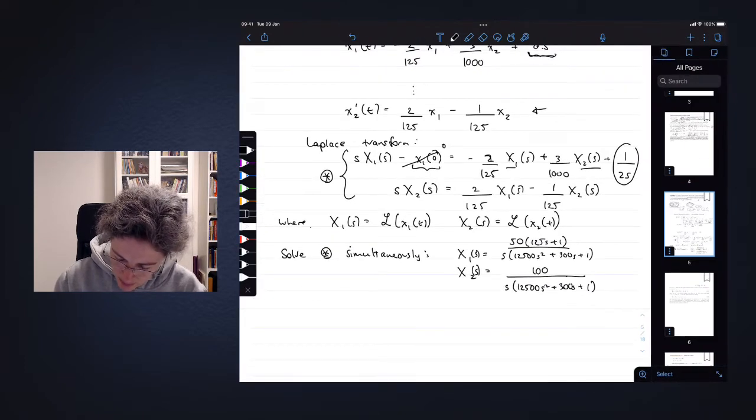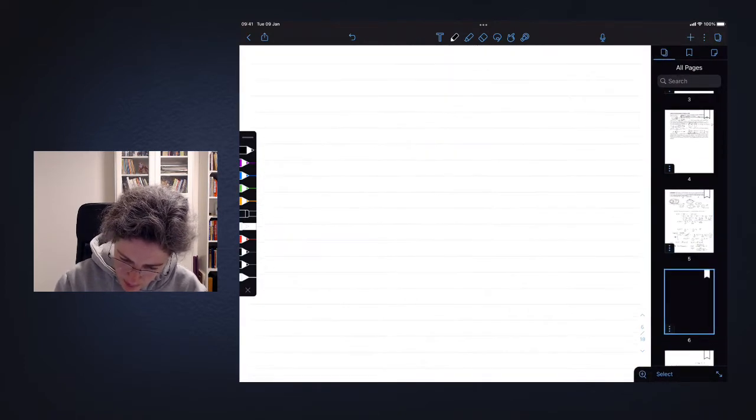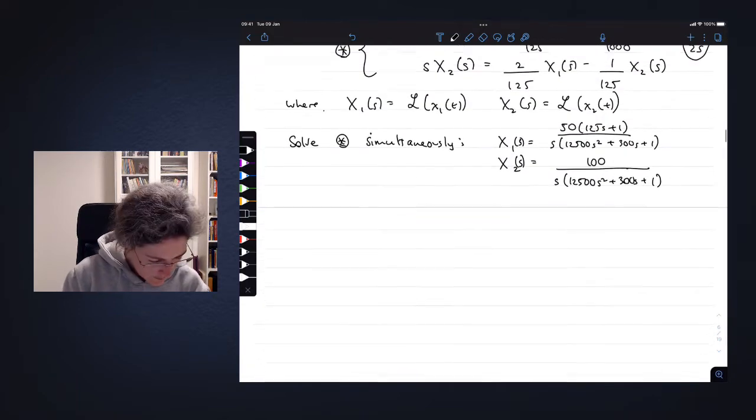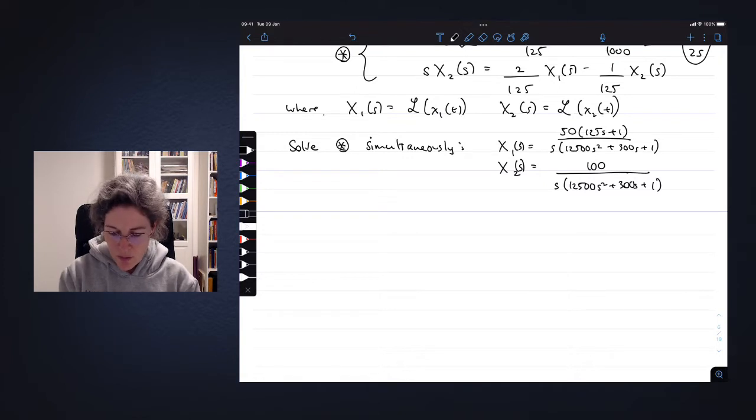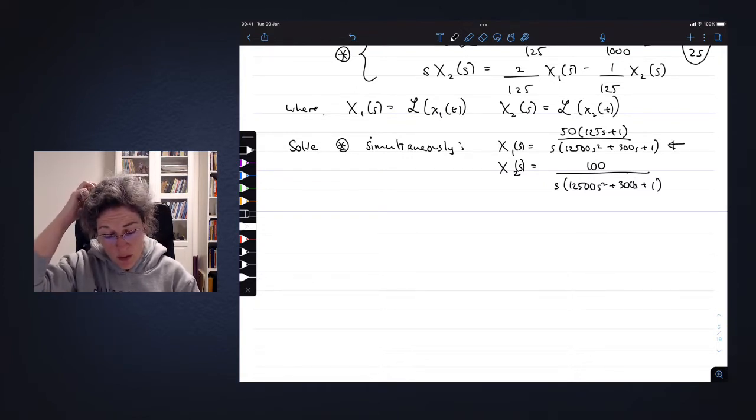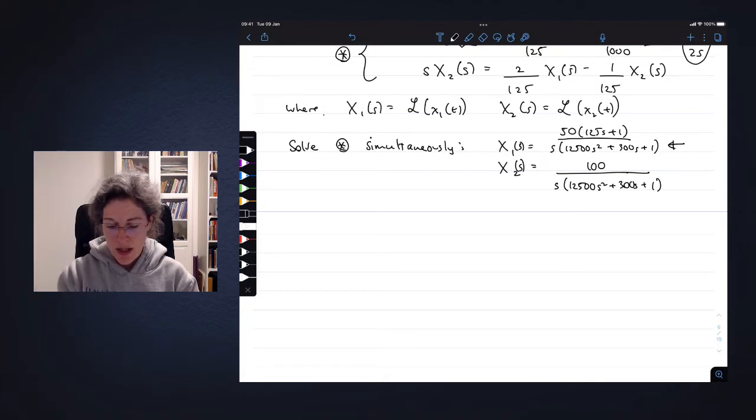Let's just add another page here. And so now we've got an equation for the Laplace transform of our little x1 of t and a Laplace transform version of our x2. So we would use MATLAB, or if we felt like doing partial fractions, we would use partial fractions.